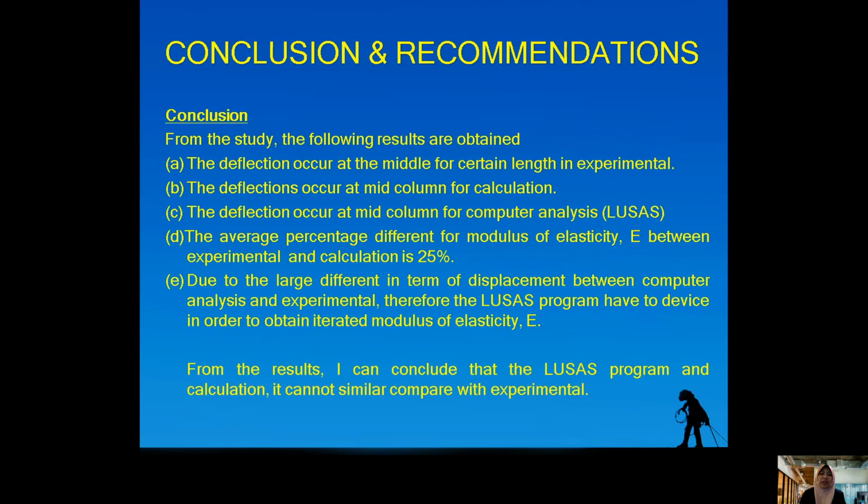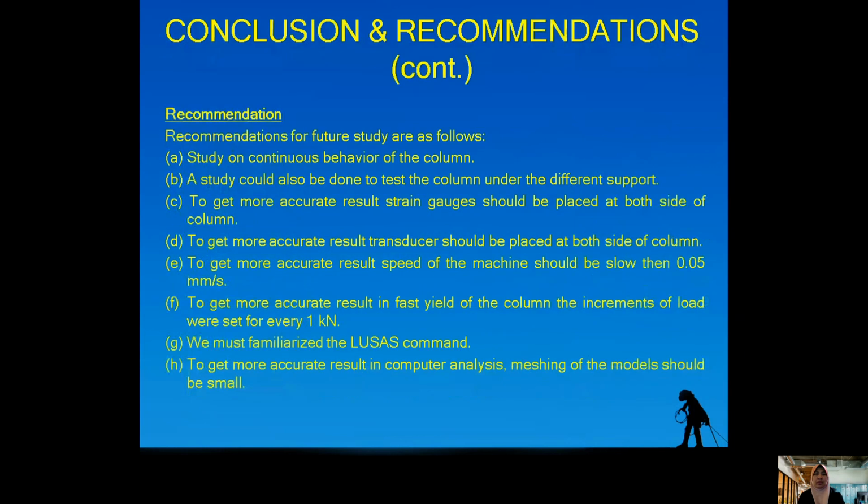Due to the large difference in displacement between computer analysis and experimental, the LUSAS program has to be devised in order to obtain an iterated modulus of elasticity. From the results, I can conclude that the LUSAS program and calculation cannot be similar compared with experimental.